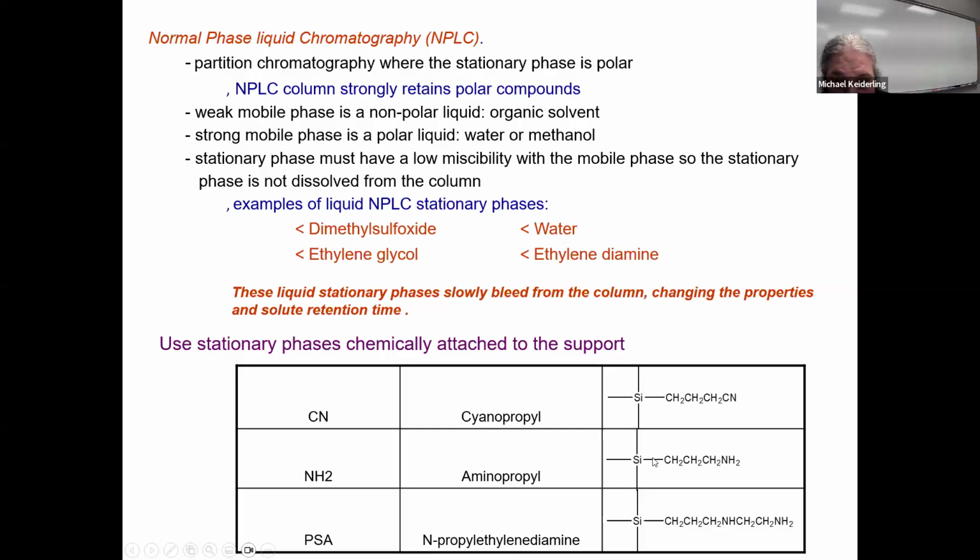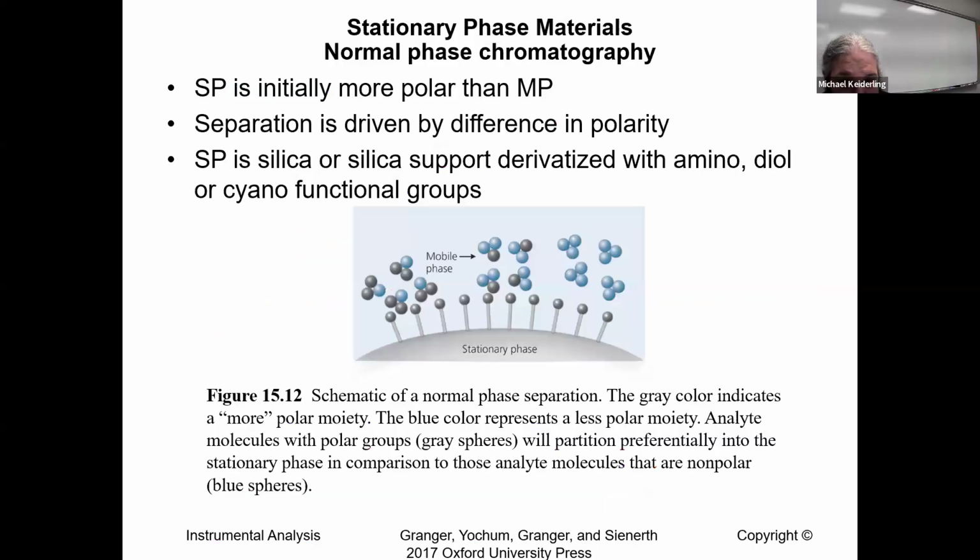And that has the advantage that it doesn't bleed away. So for stationary phase materials in normal phase chromatography, the stationary phase is initially more polar than the mobile phase, and separation is driven by a difference in polarity. The stationary phase is silica or silica support derivatized with amino, diol or cyano functional groups, generally.